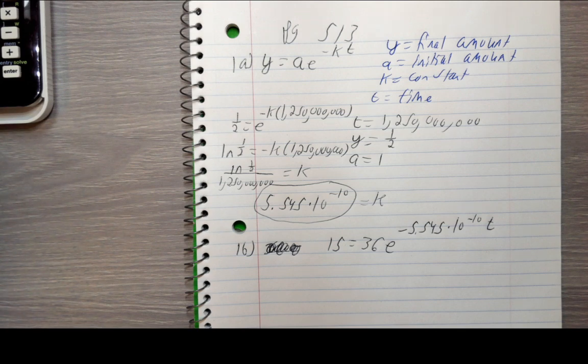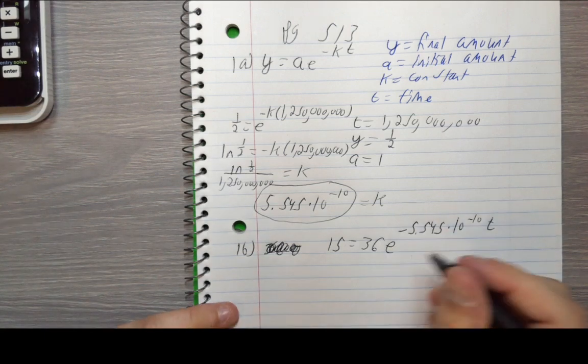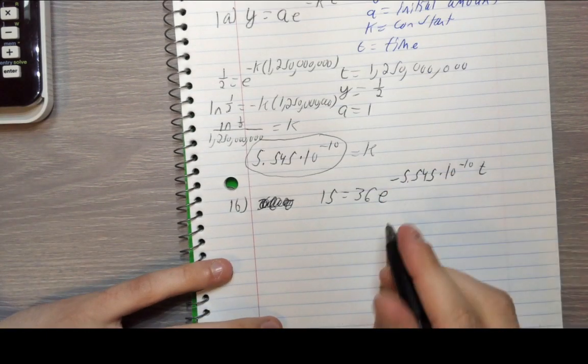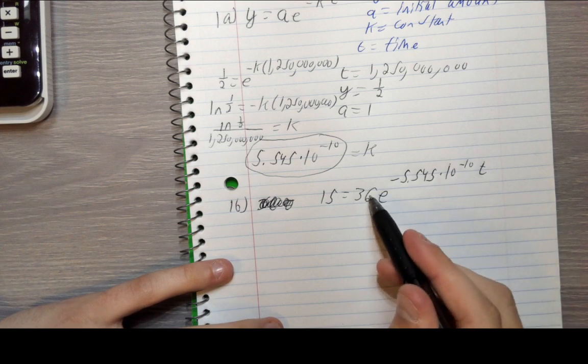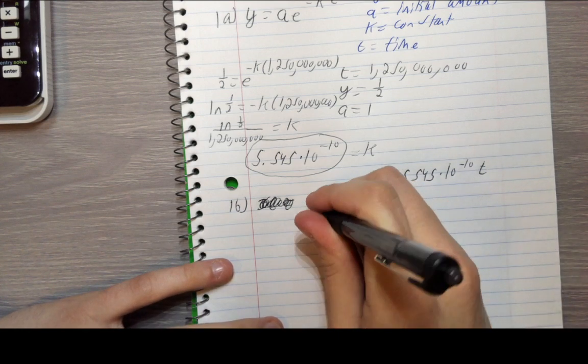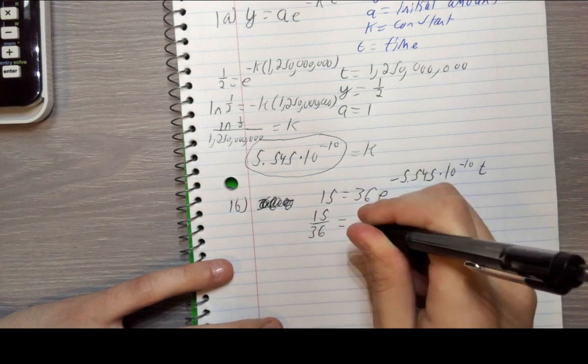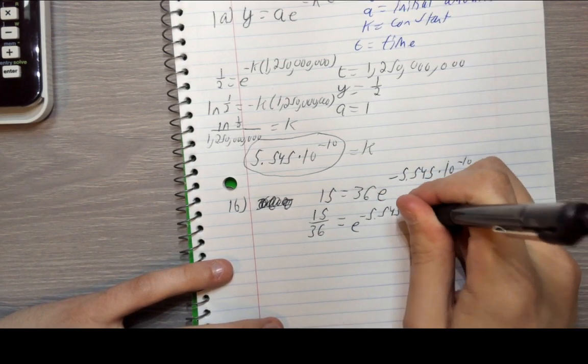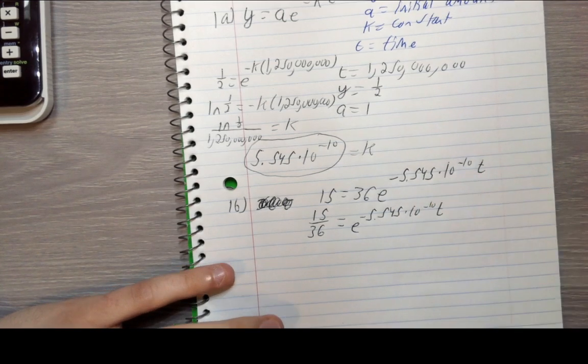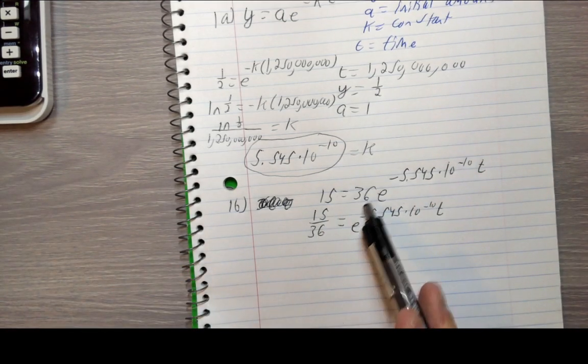Okay, and we're going to go back on this solving logarithms process. So to start, I need to get T by itself, which means I have to get rid of this 36. So to get rid of the 36, we divide by 36, right? So I get 15 divided by 36 equals whatever's left over.